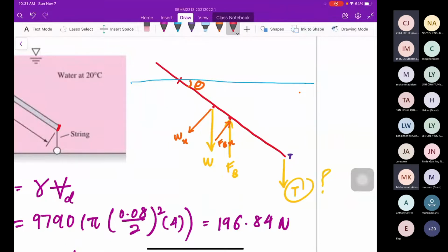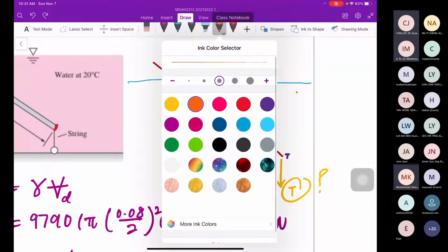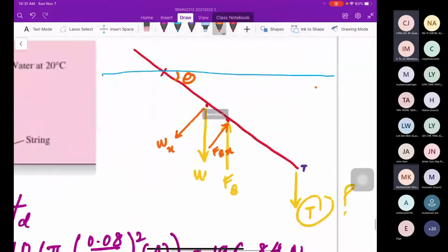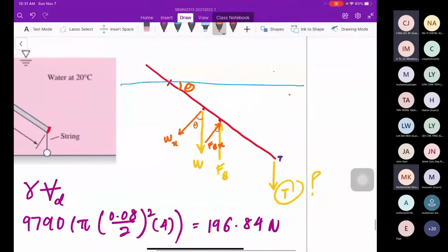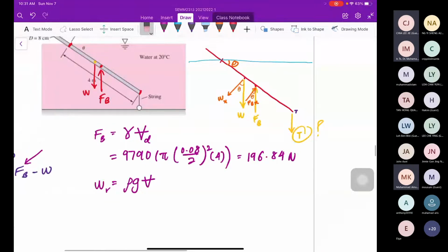This theta refers to this theta. Alright. So from here, in order to get Wx, which is very simple. Wx is, okay.